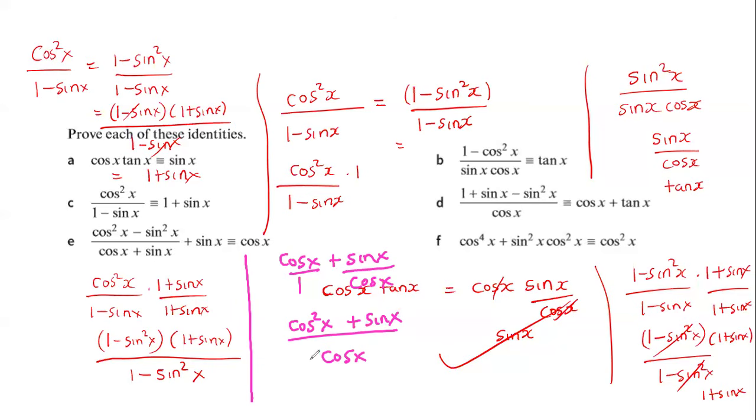So we change the cos squared x into terms of sin x by getting 1 minus sin squared x, plus sin x out of cos x. So mathematically, we rearrange that. We get 1 plus sin x minus sin squared x out of cos x.